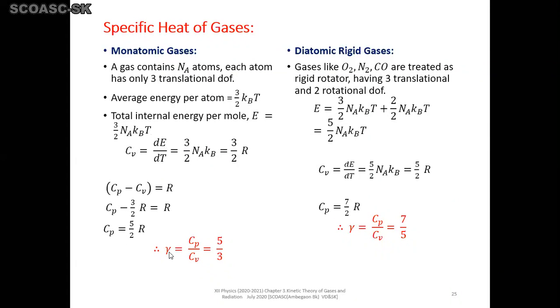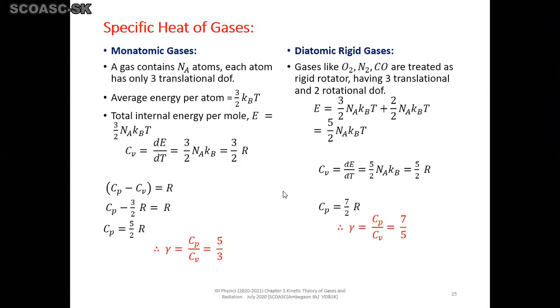Now, gamma is the ratio of the molar specific heat at constant pressure to the molar specific heat at constant volume, and that comes out to be 5 by 3.